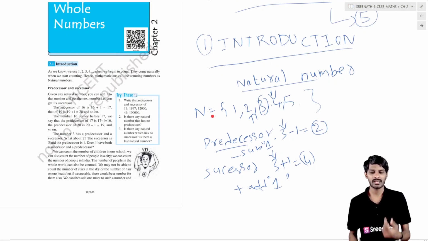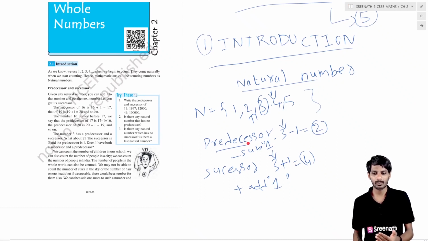They are represented by N, and they start from 1 and so on: 1, 2, 3, 4, and so on. Then what is the predecessor and what is the successor? Successor means the next number, or when you add 1 to any number, you get the successor. So when you add 1 to 3, you get 4. 4 is the successor of 3.